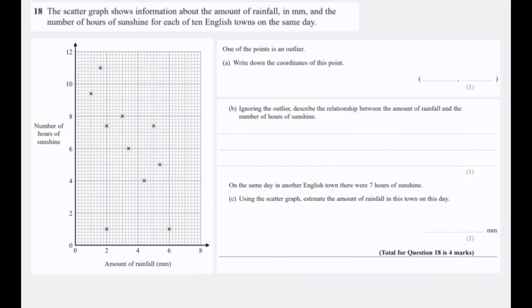Question 18. The scatter graph shows information about the amount of rainfall in millimeters and the number of hours of sunshine for each of 10 English towns on the same day. One of the points is an outlier. Write down the coordinates. So the outlier is the one that doesn't fit the correlation, the line of best fit.